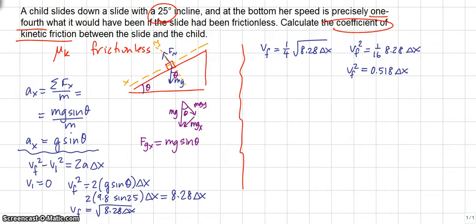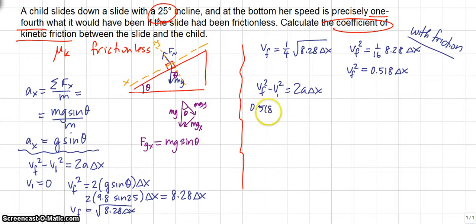Therefore, I can find the acceleration in the case where there is friction. I go back to this same equation and say that v final squared minus v initial squared is 2a delta x, and v final squared is 0.518 delta x, minus 0 is 2 times a times delta x.